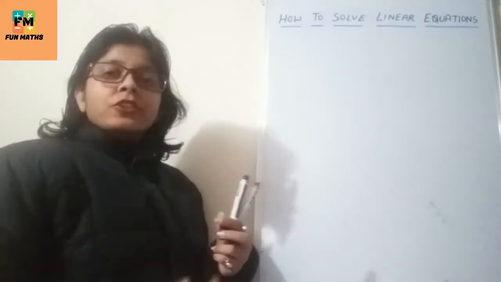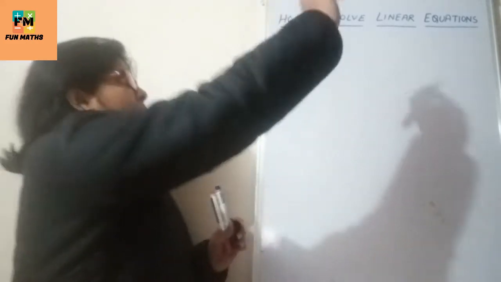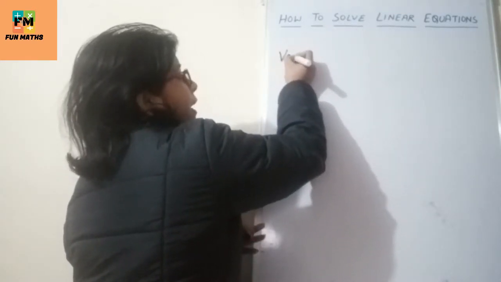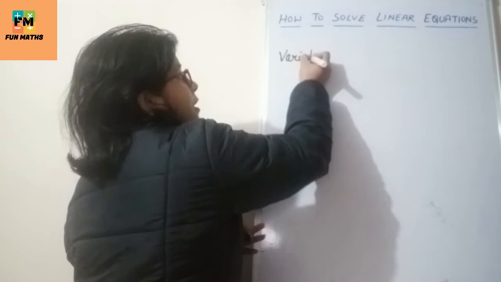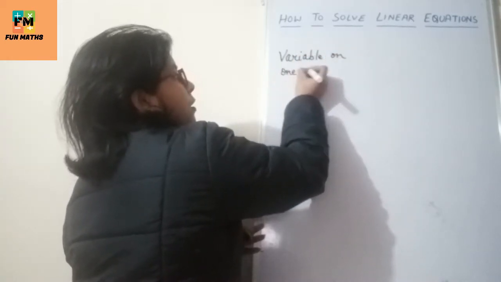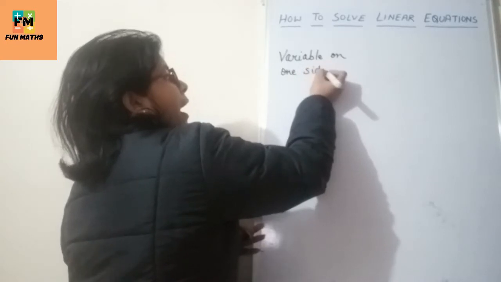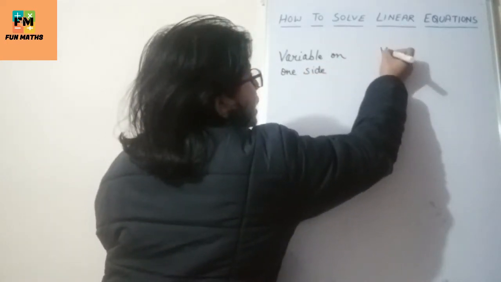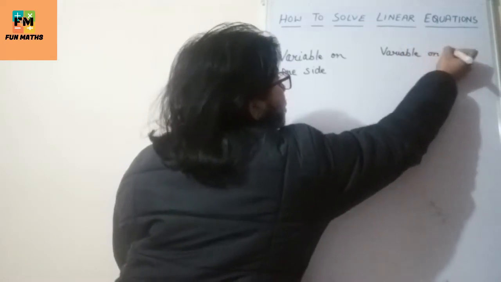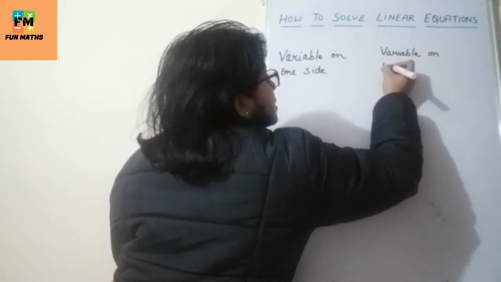If we are going to find the value of a variable, the question can come in two ways: the variable on one side of the equal sign, and in a few questions the variable on both sides.